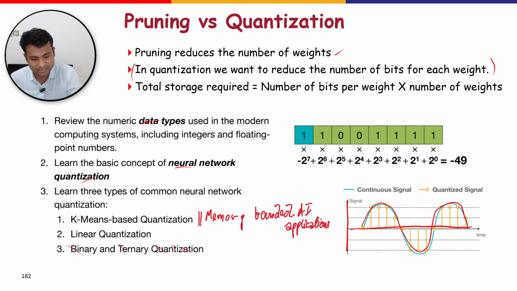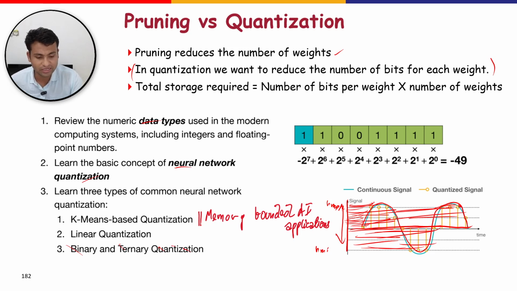This signal can lie on any value on the y-axis between hmax and hmin. This continuous signal can give any output. So sometimes it becomes very troublesome to store, and it also becomes difficult to differentiate the difference between two signals.